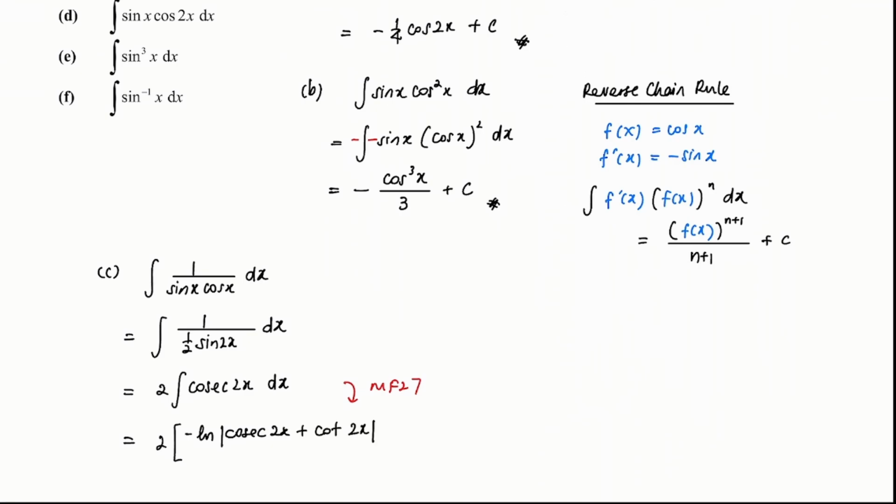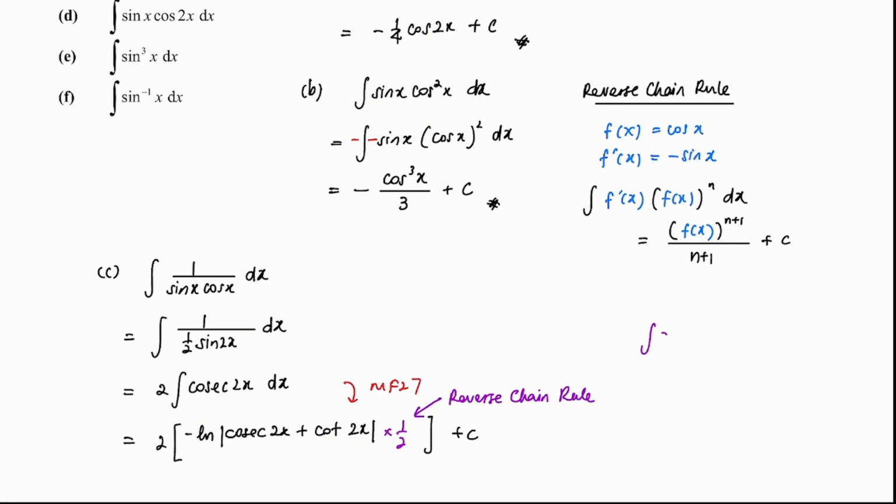And because of the reverse chain rule, when you differentiate this, after the ln and the cosecant and so on, you still need to multiply by 2. So in fact, at the back, we need to multiply by half. Okay, we need to divide by 2 because this one over here is our reverse chain rule.